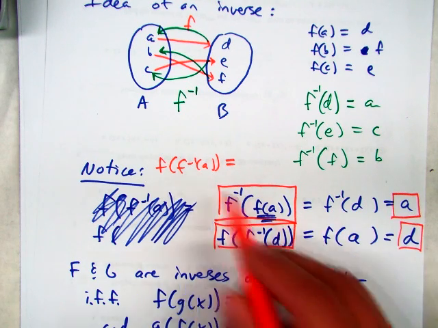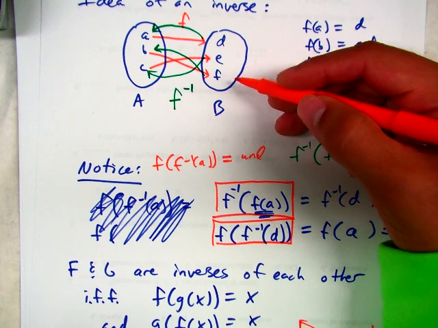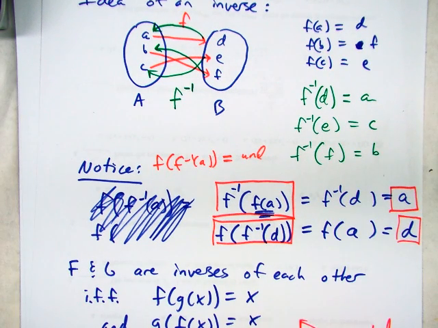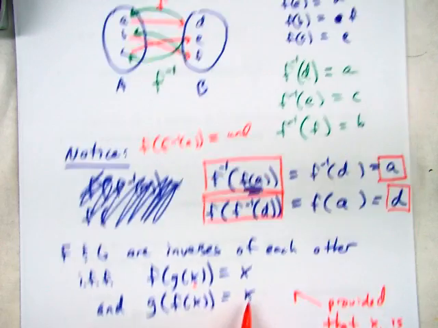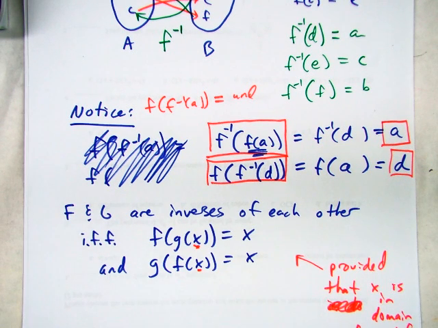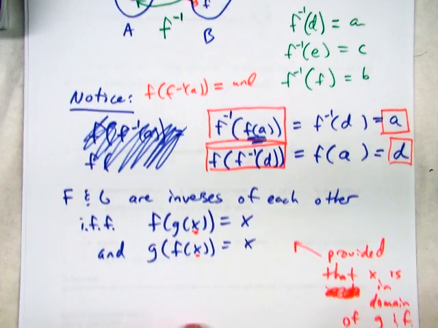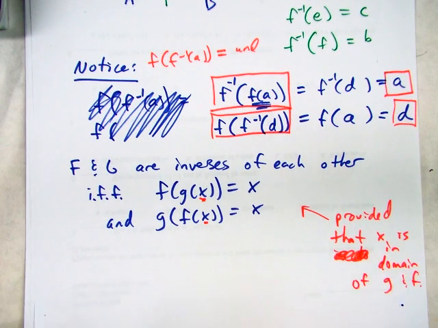This would not work because there's no A value in here. Does that make sense? So this is what this means, is that this X value has to be part of G, and this X value has to be part of F in order for this to work. Okay? Provided that X is in the domain of F and G, or G and F. Basically, whatever's on the inside here.